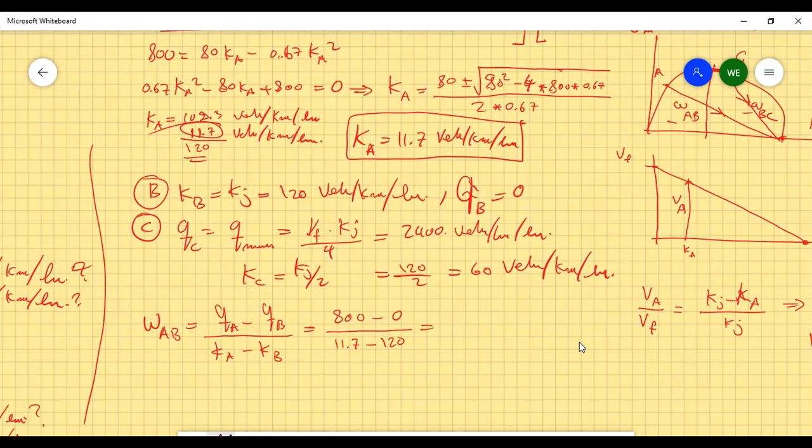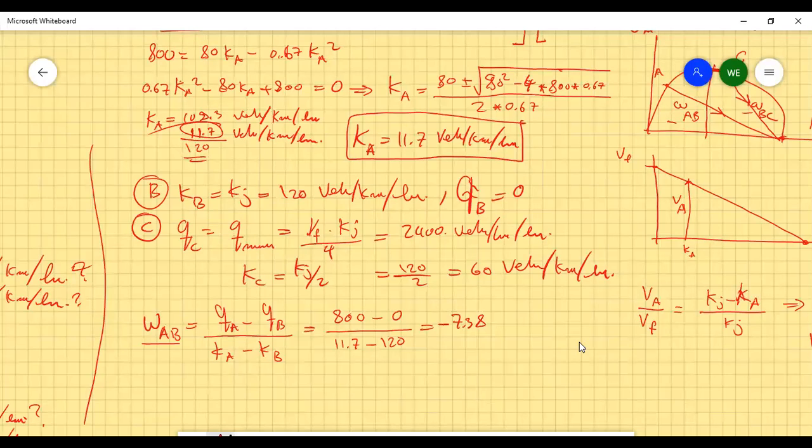So how much is the result here? Minus 7.38. Perfect. Minus 7.38. What is the units? So the vehicle per lane, it's a speed. Speed, sorry.